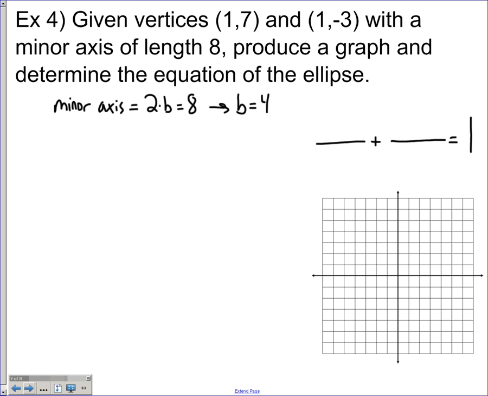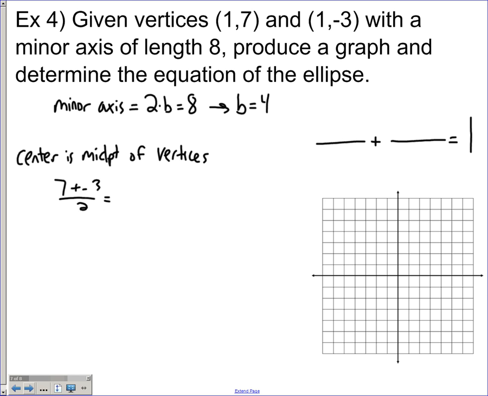I think next it's going to probably be easiest to find our center point. So our center is the midpoint of our major axis. It's also the midpoint between our vertices. So you can see the x value is going to be 1, and the average of 7 and -3.